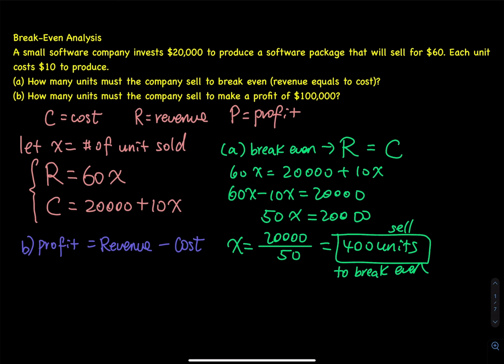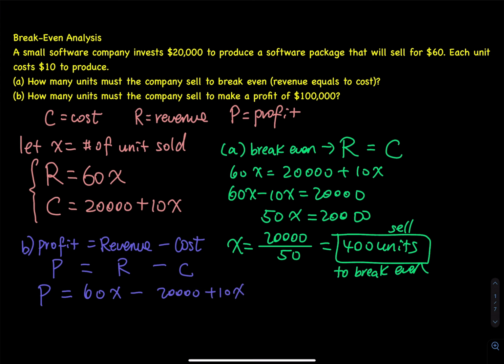Then 100 minus 30, $70 is my profit. So this is P equals R minus C. There is no function for P, but we do have one for R and one for C. So P equals revenue, 60x, minus C, $20,000 plus 10x.